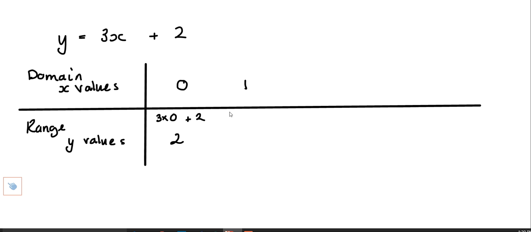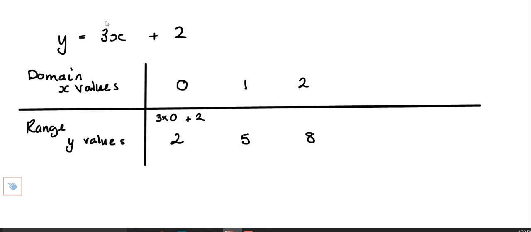I get 3 times 1 plus 2, which is 5. Then 2, you put it in and get 8. And what do you notice it goes up by? 3. The gradient is 3.